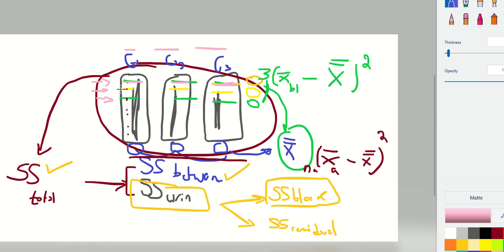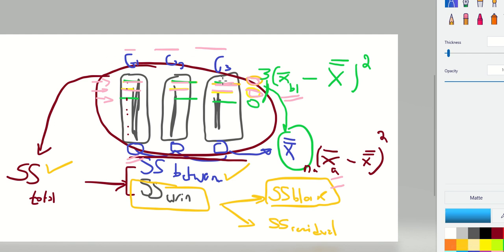Then we have Khalil measured first time, second time, third time. So you can calculate an average for Sausan, you can calculate an average for Khalil. These averages are going to be your block averages, just like the average of group 1 is the average of the group. Okay, so recap.